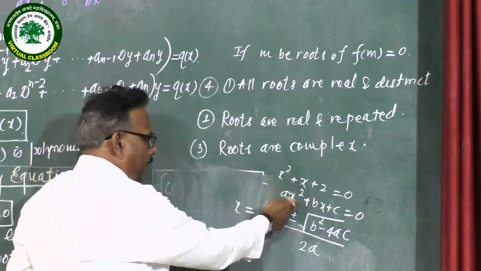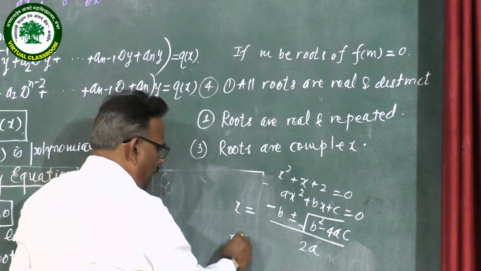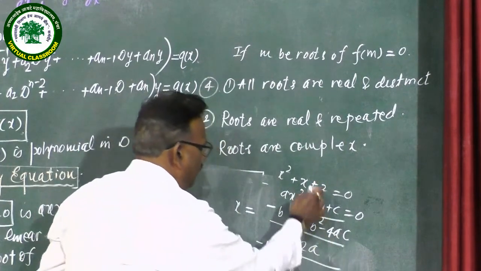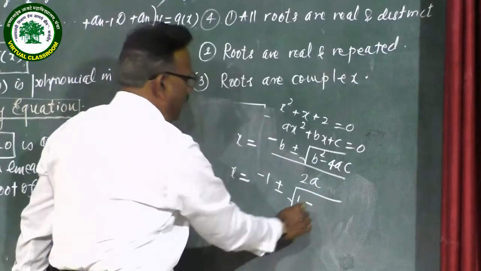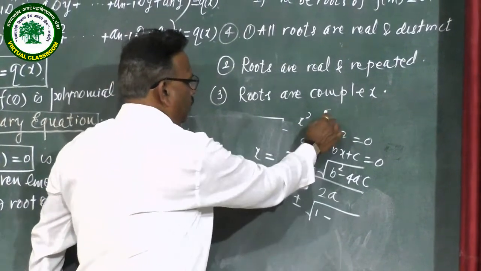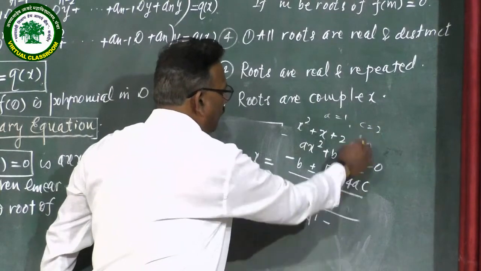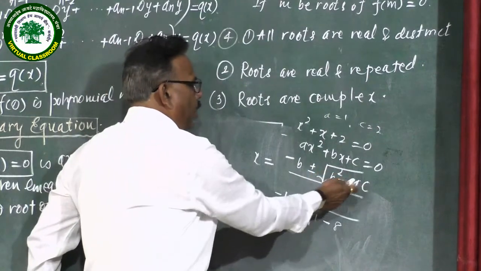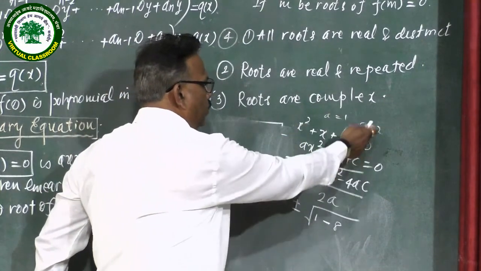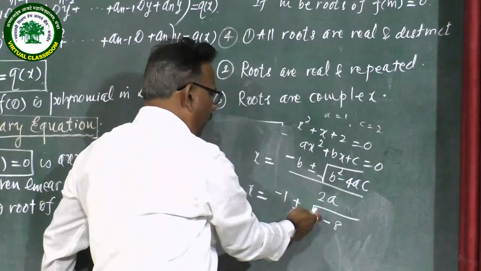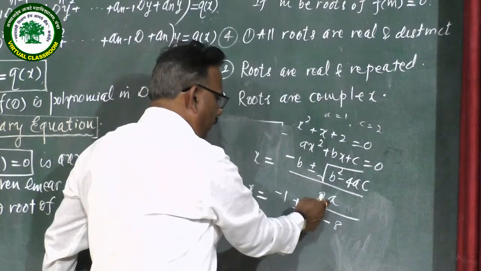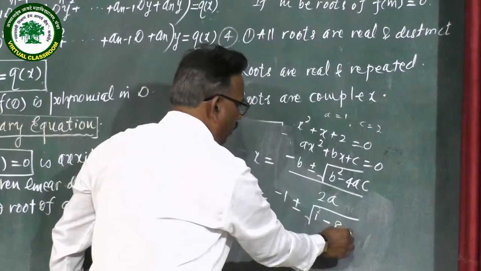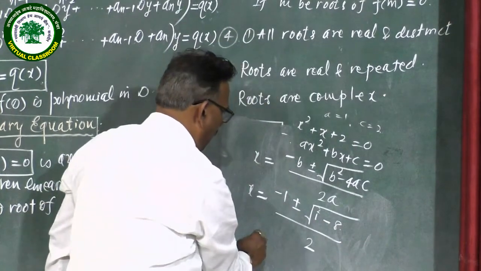While comparing the given equation with this quadratic equation, x is equal to minus b, that is minus 1, plus minus root of b square, the square of this is 1, minus 4ac, where a is equal to 1, c is equal to 2, so 4ac is 8, divided by 2a, which is 2.